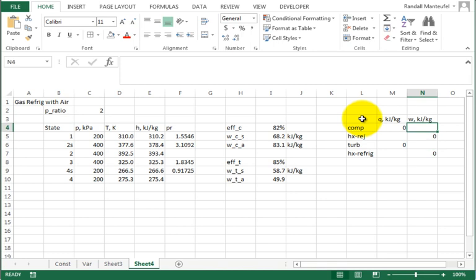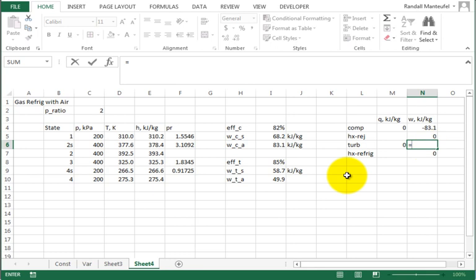And because I want to sum the columns, I want to get the sign convention right, so I'm going to adopt our sign convention here. So for the compressor, I know I'm looking at the number over here. It's 83.1 kilojoules per kilogram, but it's into the compressor, so I'm going to put a minus and then go get that 83.1. Okay. How about for the turbine?